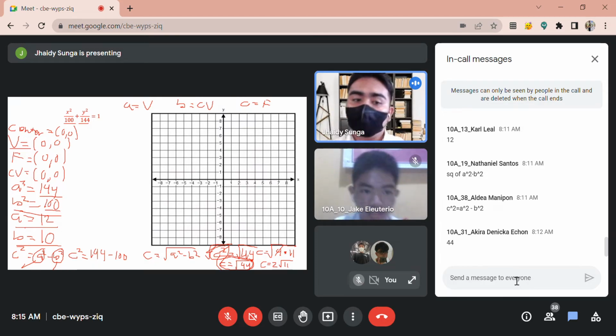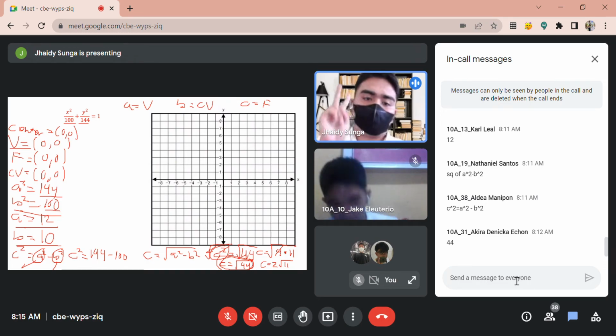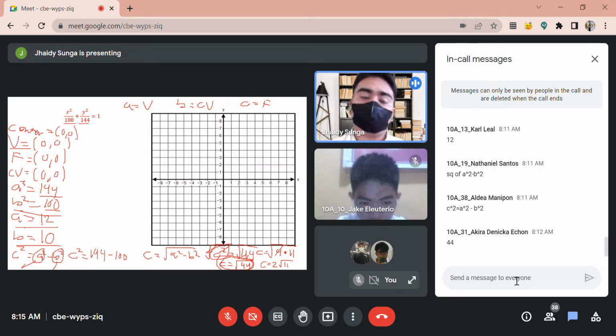We know that vertices and foci are located at the major axis, and our major axis is y, because our 144, the largest number, is located at y. So from the origin or the center, we're going to add and subtract the value of A, which is 12. So in final, it is 0 and positive negative 12.